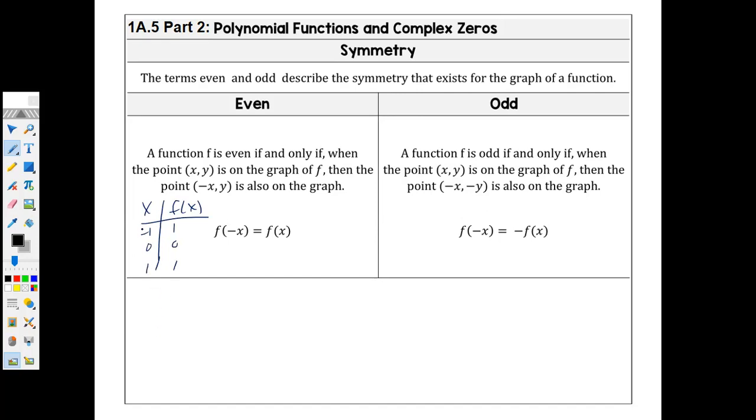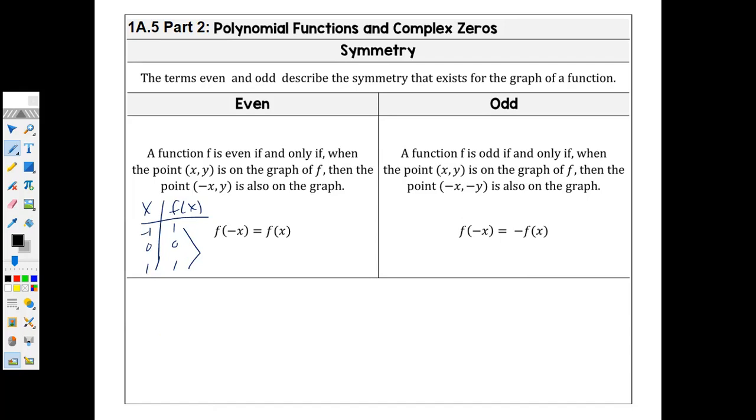Notice that at x equals positive 1 and at x equals negative 1, they have the same y values. So this table is demonstrating that this function is possibly even. Does that make sense? Opposite x values have the exact same y values. That makes it even.